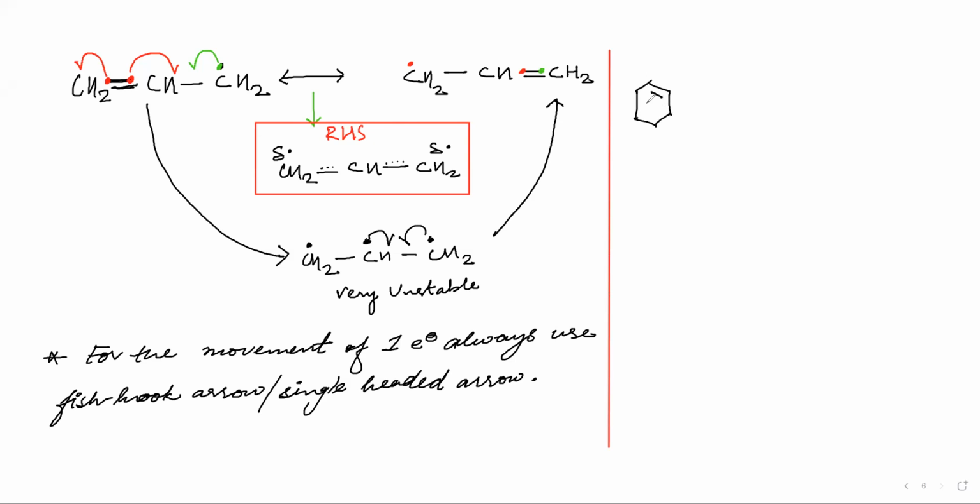We have a benzene here and a CH2 free radical here. You have to make the resonating structures and tell me the number of resonating structures. And the next case that you can do is this one. Then you have to tell me the number of resonating structures for this one.